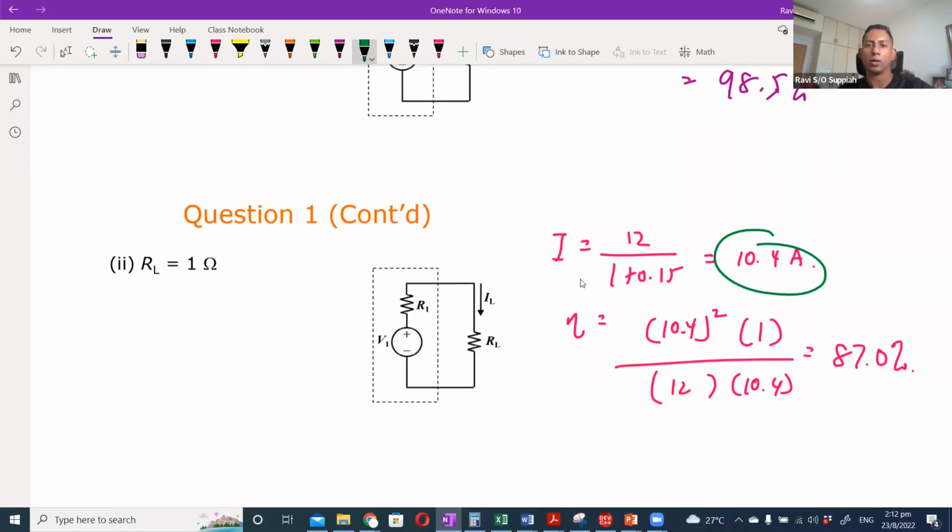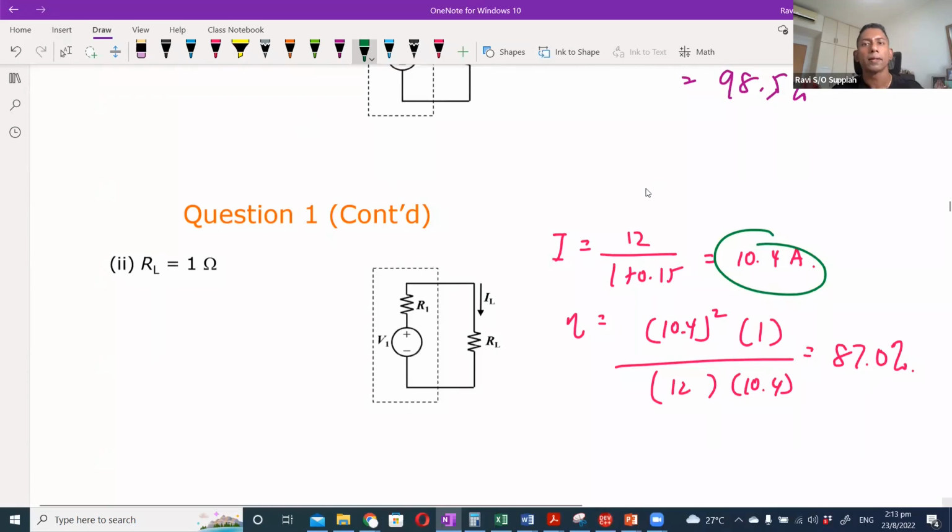So the efficiency drops. Whereas if your current is low, then a greater amount of the generator power is transferred to the load. That is one of the takeaways from this question. So when you have a battery connected to a load, if the load draws a lot of current, the efficiency will be very low, whereas when the current is lower, the efficiency gets higher.